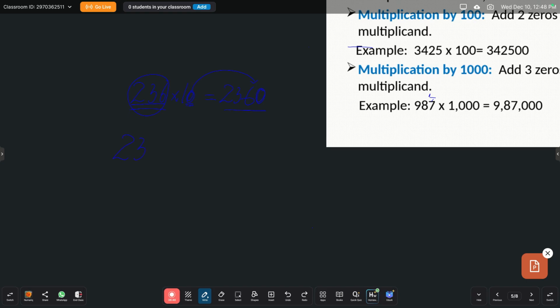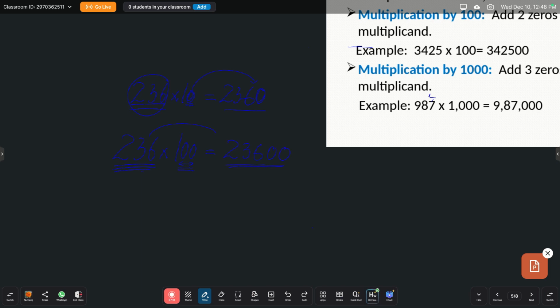Now here if I am having 236 into 100, now my multiplier is 100. So to find the product, what will I write? I will write down this multiplicand, 236, and I will write down these 2 zeros that are present in 100 to the right side of this multiplicand.